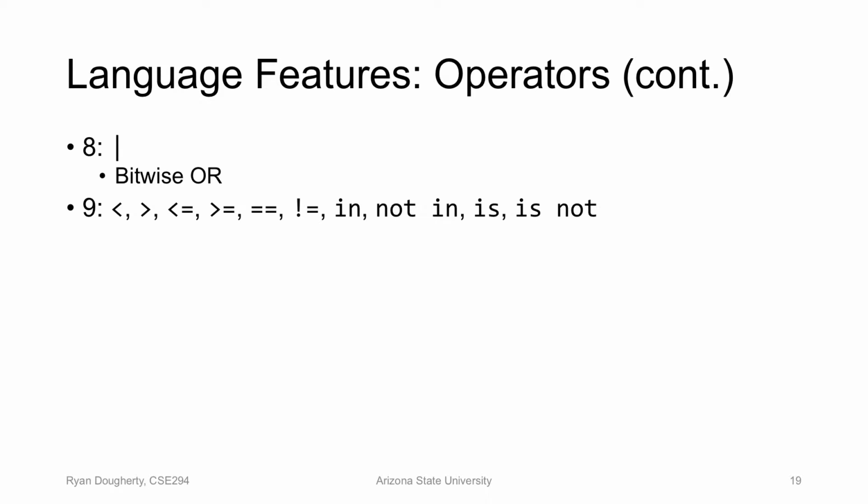Bitwise OR, and then all the relational comparisons you're used to. But we have a few other ones, such as in, that we've seen when we check if a particular value is in a list or in a set or some kind of sequence. Not in, I hope you can figure that out, that means the value is not in the sequence.